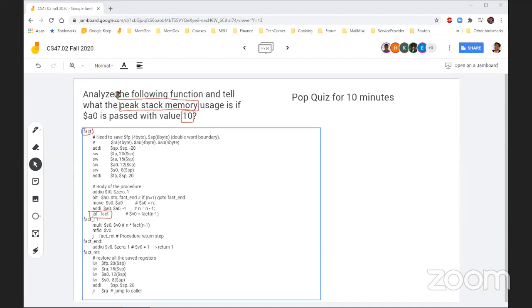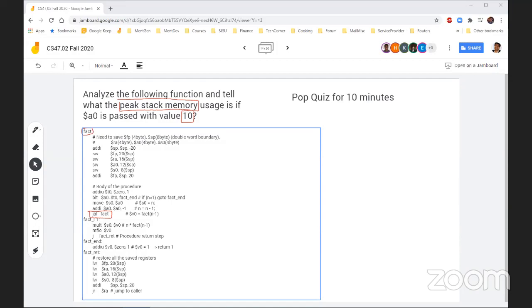Peak memory usage means, in a recursive call, as I said, it will basically start storing a frame on top of another frame on top of another frame till it actually hits the base case and then comes back from there, popping the frames. So you need to see how much max depth this recursive routine goes and what is the maximum number of frames concurrent at one time.